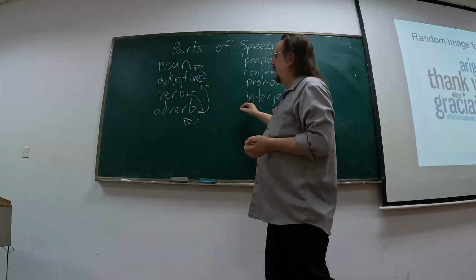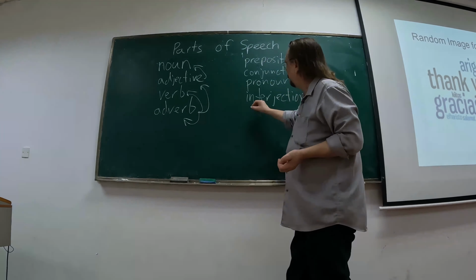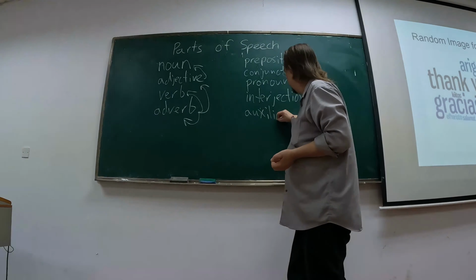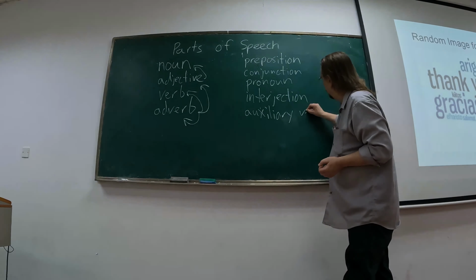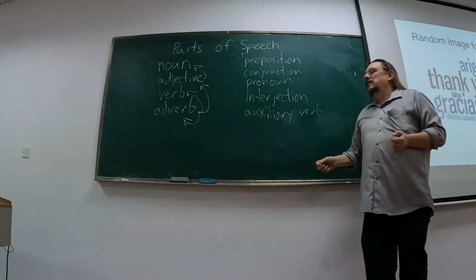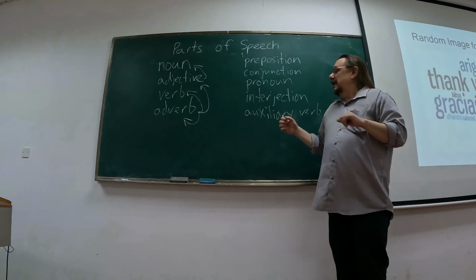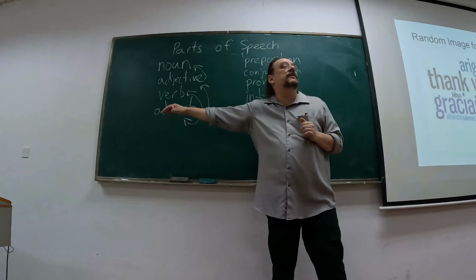I'm going to give you another one. Now, some people disagree with this. Some people would put this up here. What's an auxiliary verb? Yeah, this is controversial. Some people just include these with verbs. I don't.